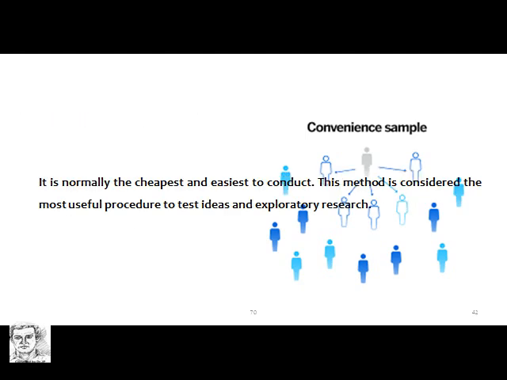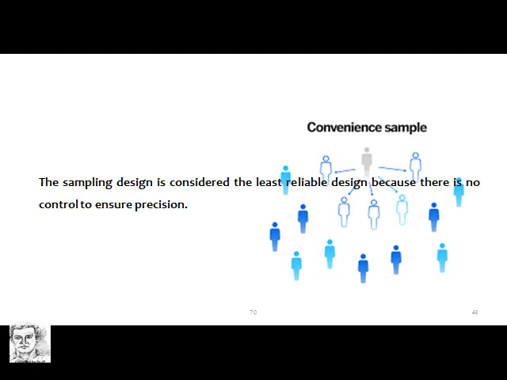It is normally the cheapest and easiest to conduct. This method is considered the most useful procedure to test ideas and in exploratory research. The sampling design is considered the least reliable design because there is no control to ensure precision.